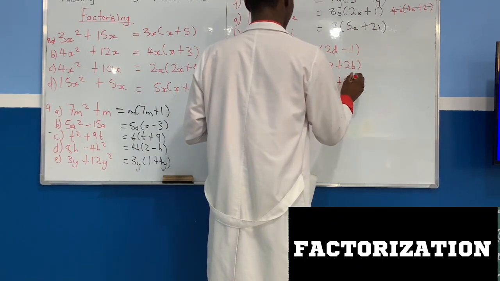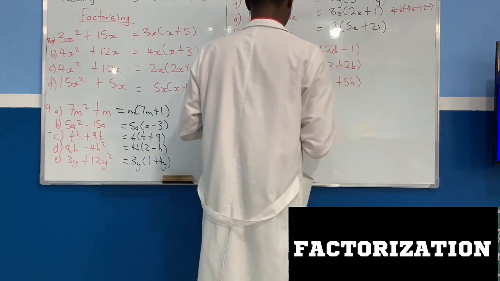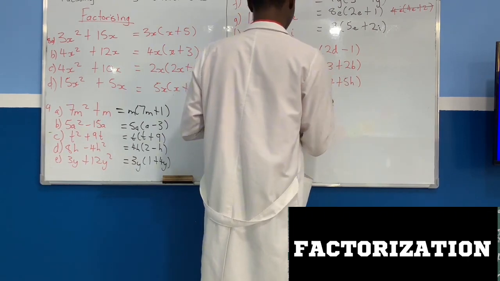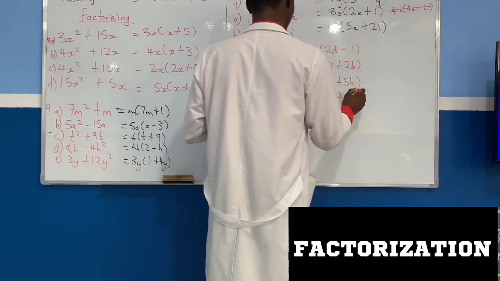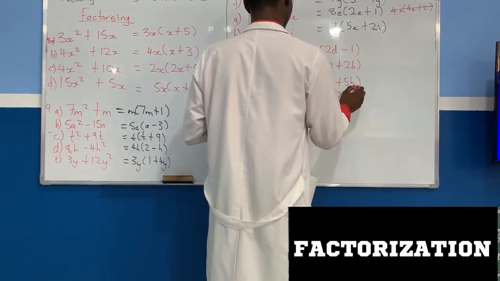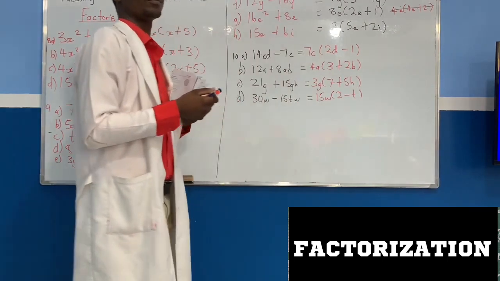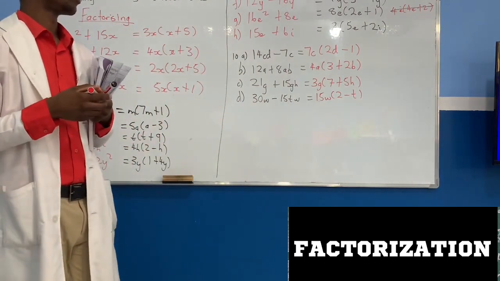Alright, 3g bracket 7 plus 5h. And then the fourth one, the factorized version was 15w bracket 2 minus t. So these are the solutions for the problems that we have up to now.